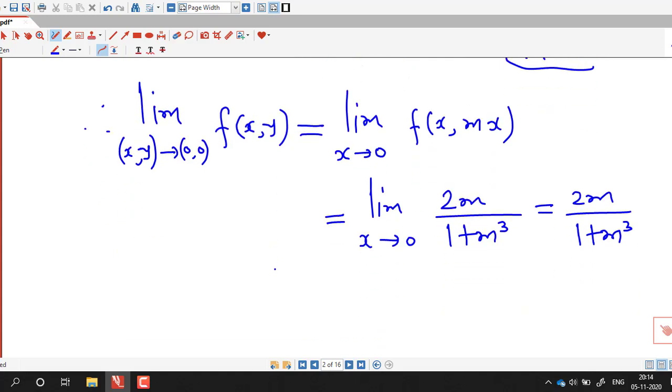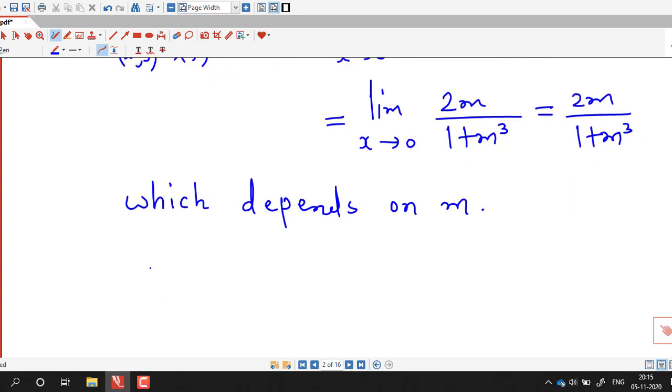So this shows that the value of limit depends on m. So this shows that limit does not exist, which depends on m. That means the limit is different along different lines passing through origin.